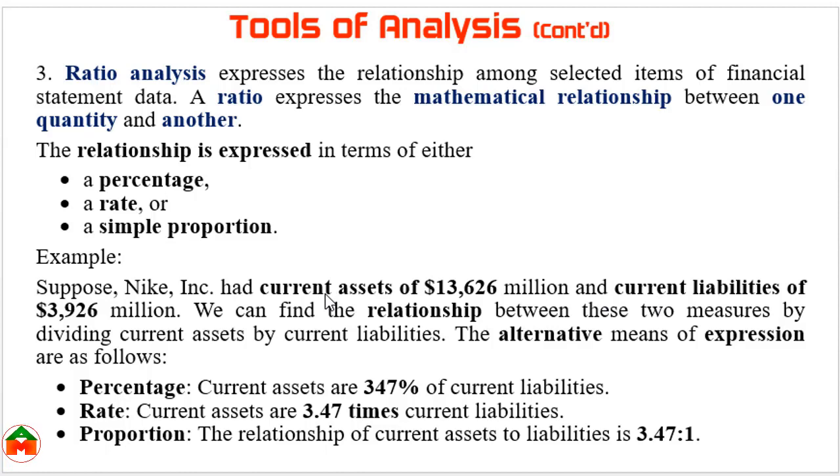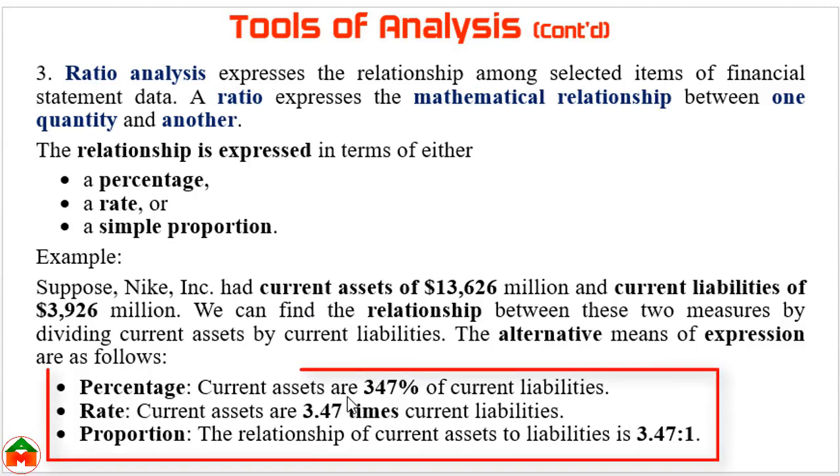For example, if we show the relationship between current assets and current liabilities, the amount of current assets is 13,626 and the current liabilities is 3,926. If we calculate the relationship between these two amounts, we can express it as a percentage: current assets are 347% of current liabilities.